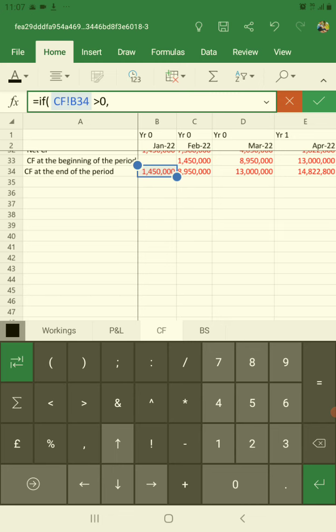If it's greater than 0, then pick this figure. Otherwise, I put comma. Sorry, instead of pick this figure, it should be a negative number here, so we should start with negative number, sorry.